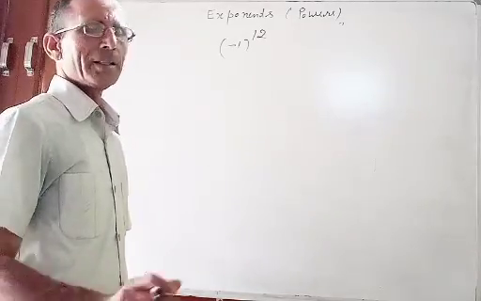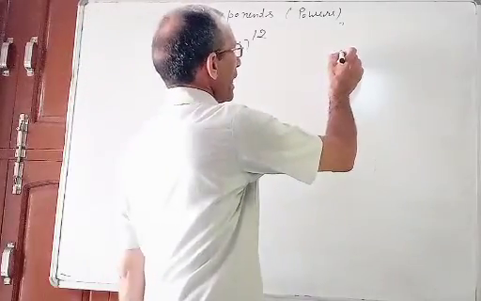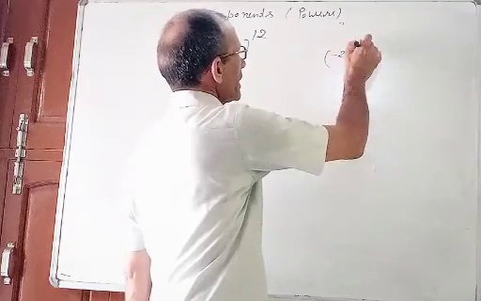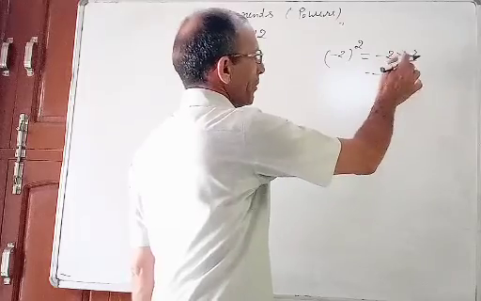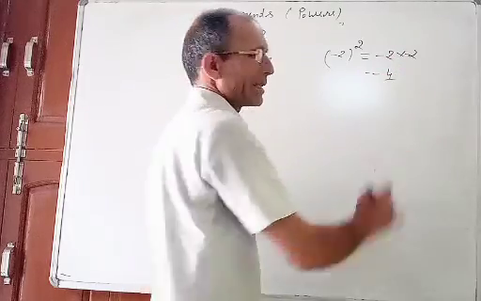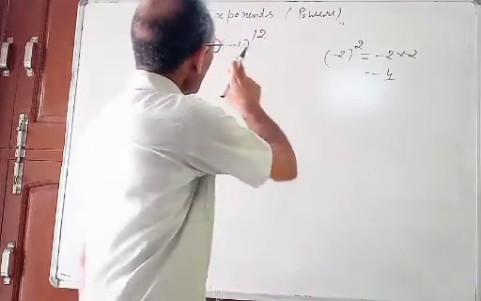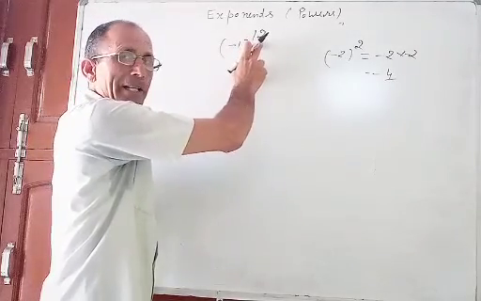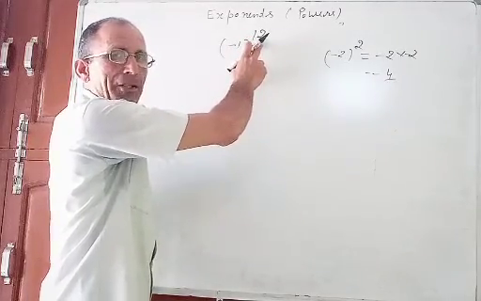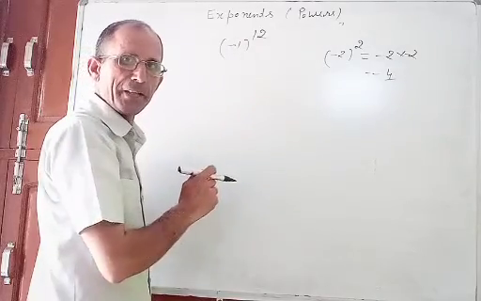Is this clear? Yes. One small example: minus 2 raised to the power 2 means minus 2 times minus 2. Minus minus becomes plus, result is 4. So here also the same thing. Minus 1 raised to the power 12: is 12 even or odd? Even.